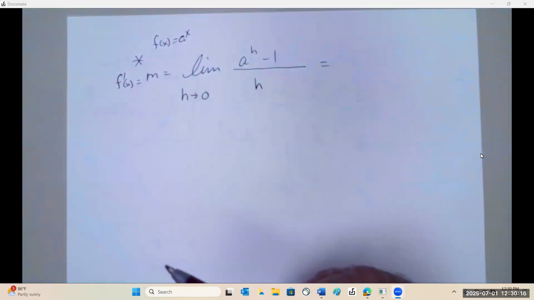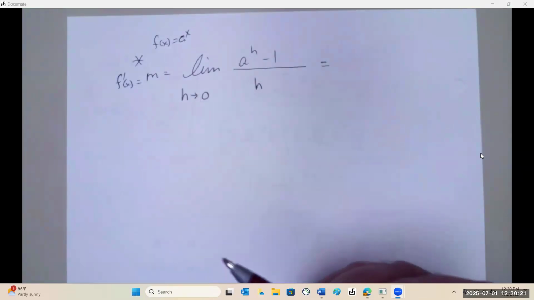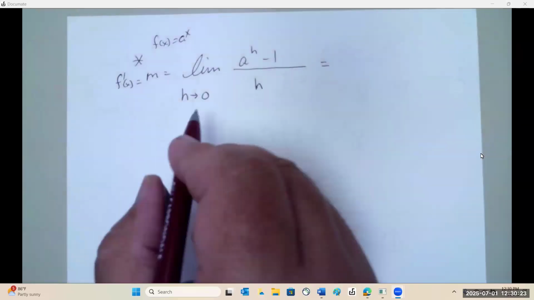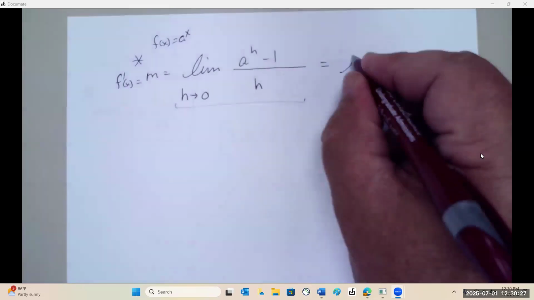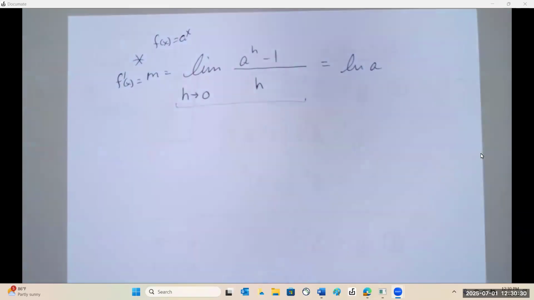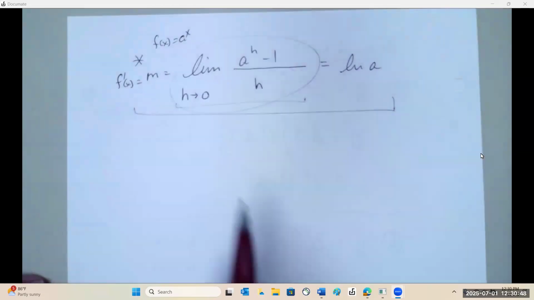So we'd use the slope formula when h goes to 0. Our conversion here, as h goes to 0, becomes ln a. It's a constant value. So we'll be using this whenever we have this limit value.